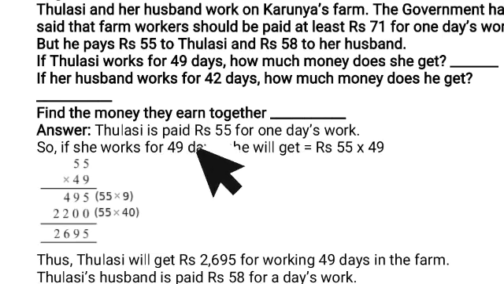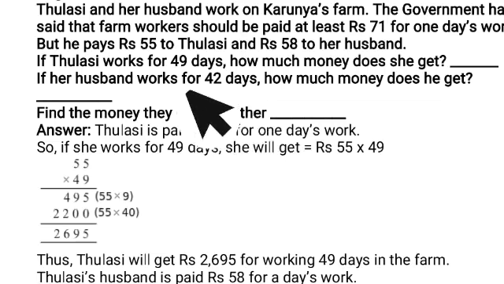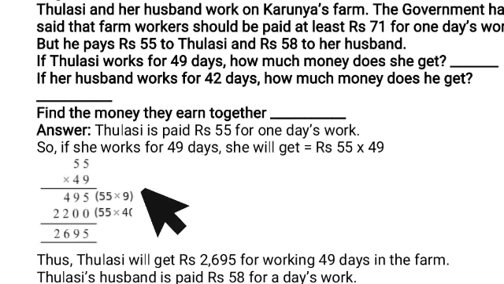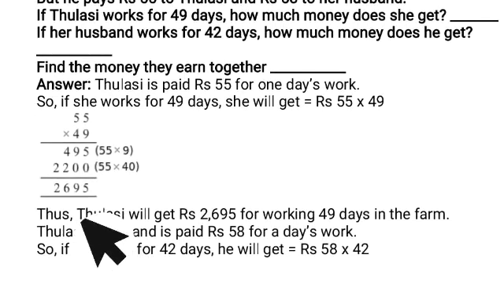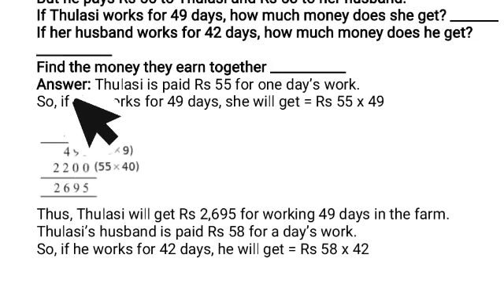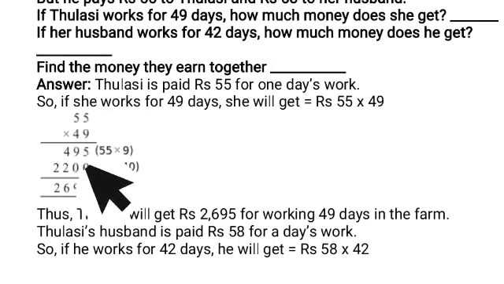ओके, तो थुलासी को एक दिन के लिए कितने रुपीस मिलते हैं? 55. सो 55 एंड हाउ मेनी डेज ही इज़ वर्किंग? 49 days. सो 55 multiply 49. So if you do 55 multiply 49, first we have to multiply with the units digit. So 9 multiply 5, 9 5s are 45, 4 will be carry here, 9 5s are 45, again 45 plus 4 is 49.